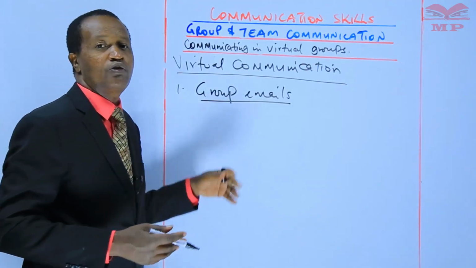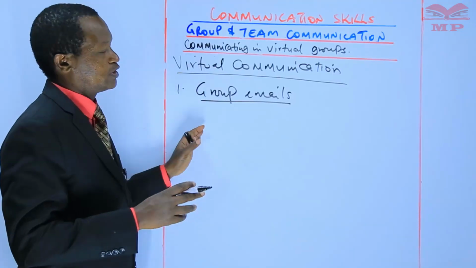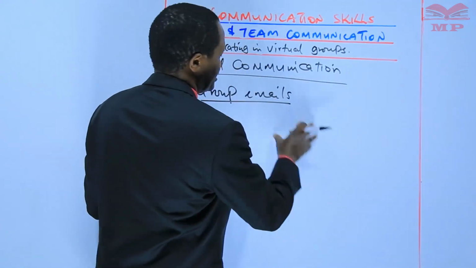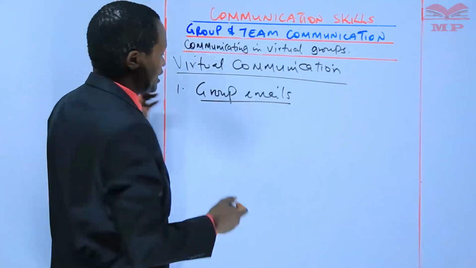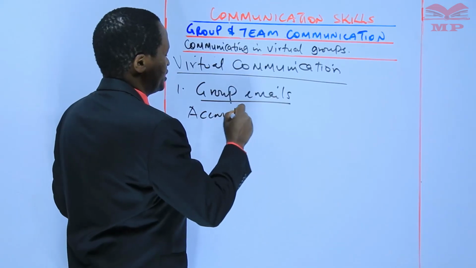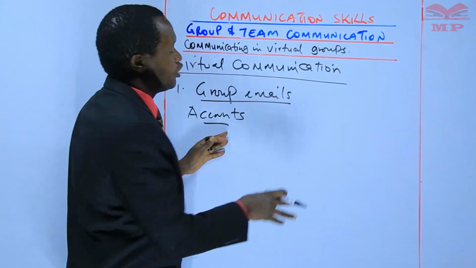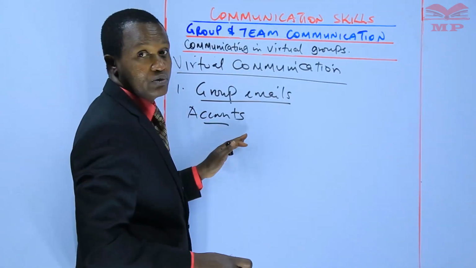I can decide to form a group email so that I have contacts within that group. Let me say, an accounts department. The head of the accounts department can have the contacts of all the members within that department.